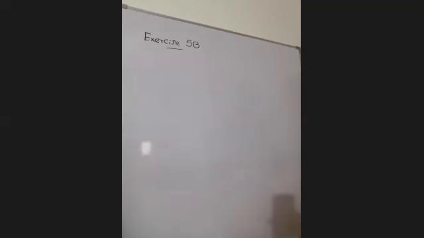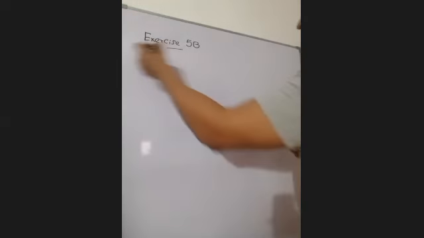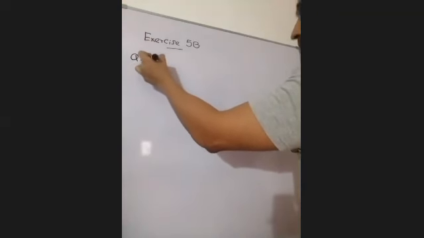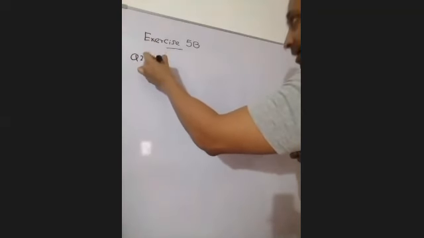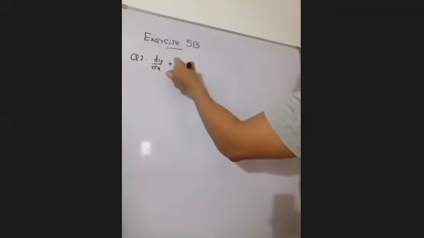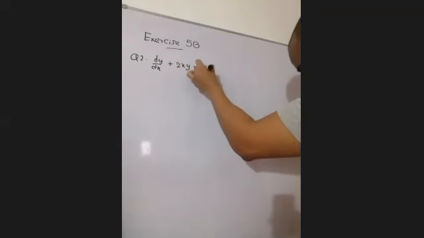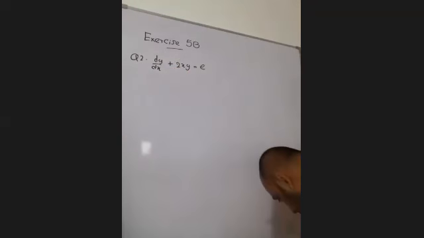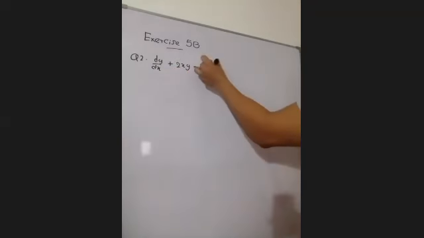Then the next one today, if you come to question number 2: find the general solutions of the differential equation. Question number 2 I'm referring to. dy by dx plus 2xy is equal to e to the power minus x squared. Now there's a small issue.